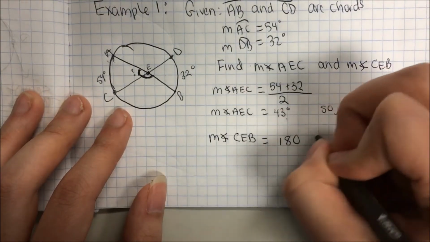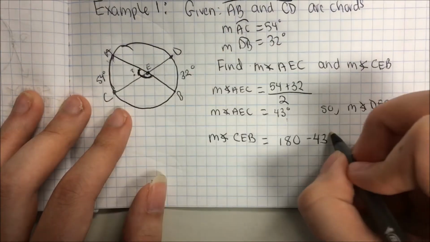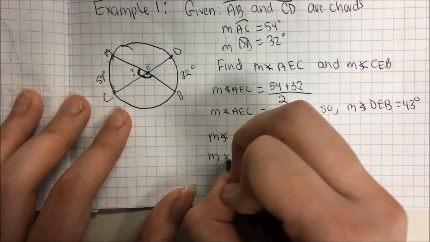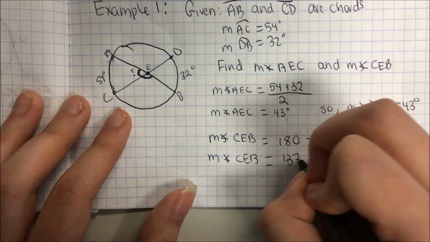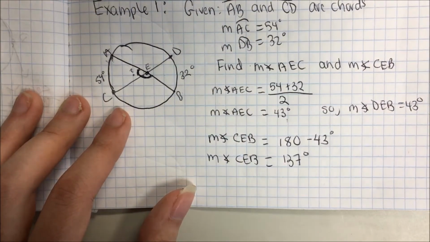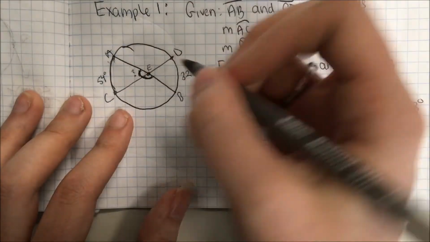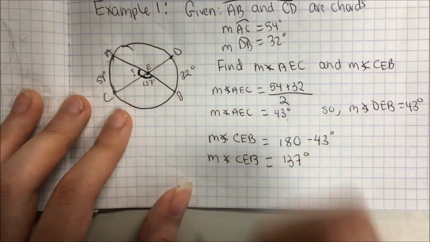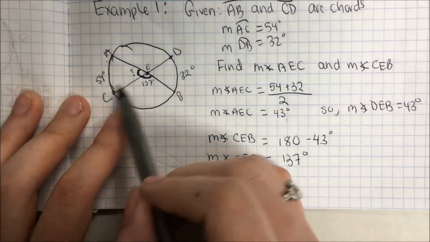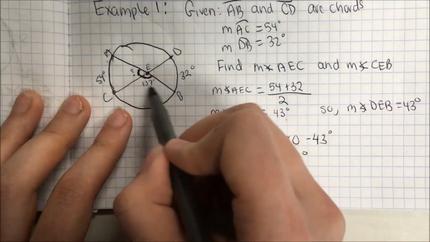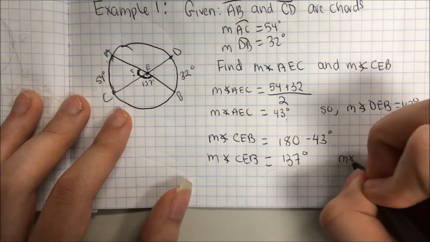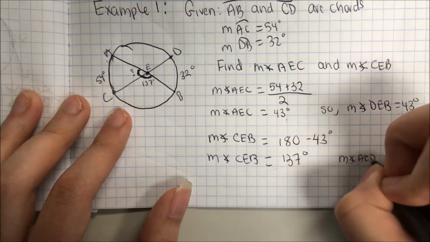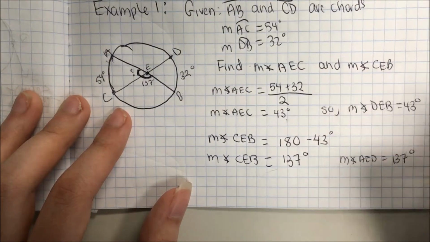So we're taking 180 minus 43, and we get the measure of CEB is 137 degrees. So if measure of CEB is 137 degrees, then angle AED would also be 137 because those are vertical angles.